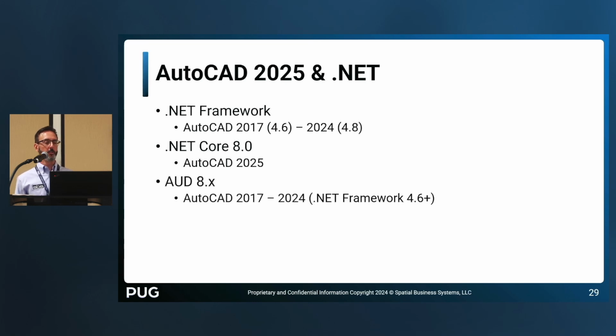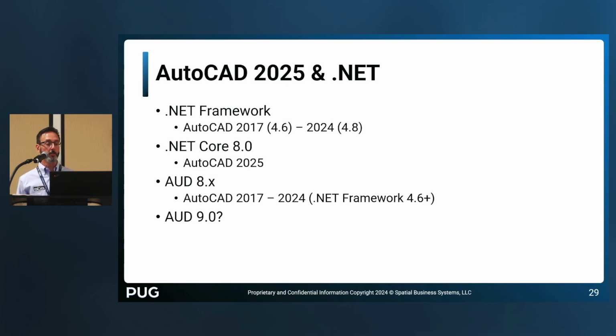And so the previous releases of AUD have always supported back to AutoCAD 2017. They actually built against the 4.6 .NET Framework. And that framework was very backward compatible all the way through 4.8. And that's been a nice, stable environment for us to release the products on. And that's worked from AutoCAD 2017 to 2024.